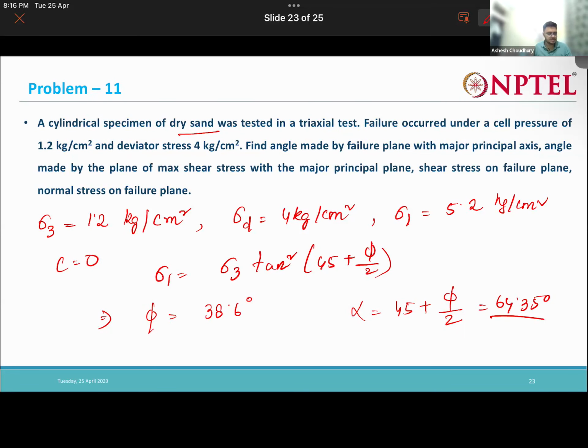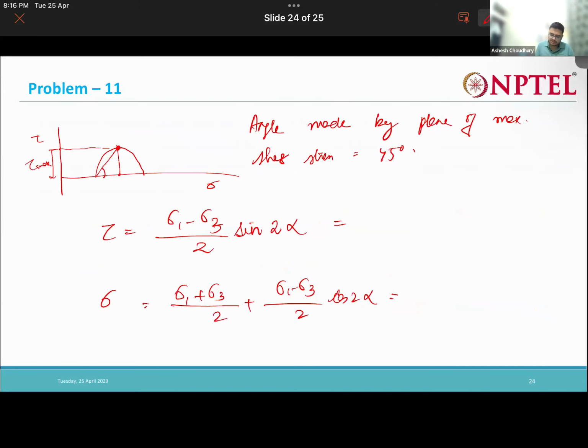Alpha you already found out, 64.35 degrees. Right. So please calculate this tau and this sigma value.